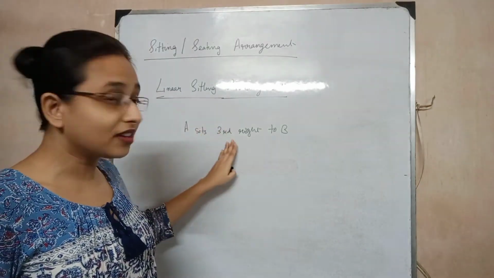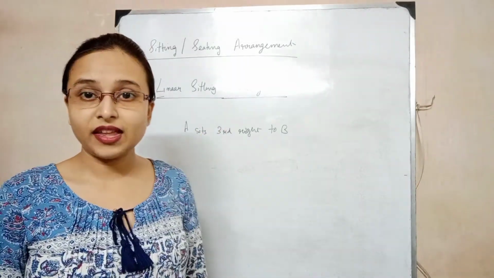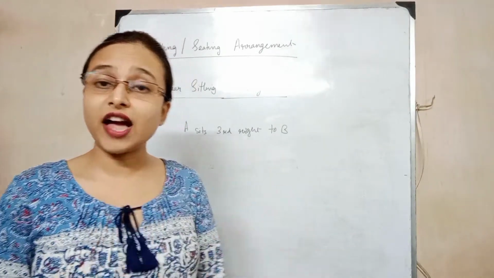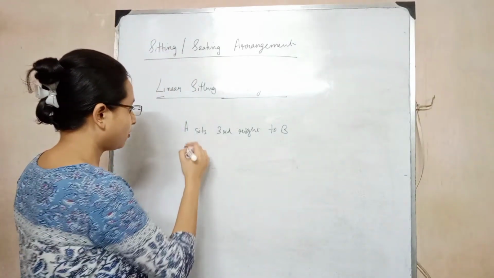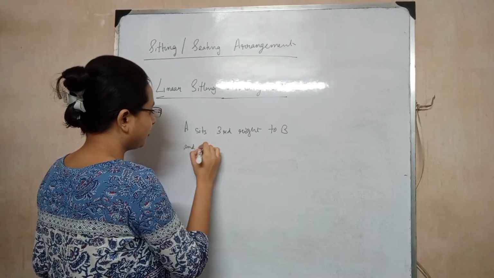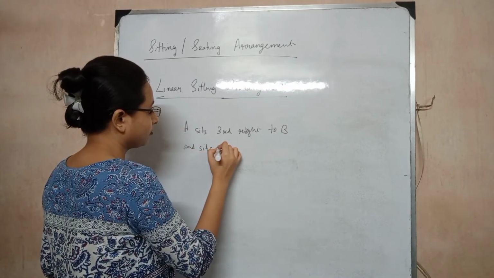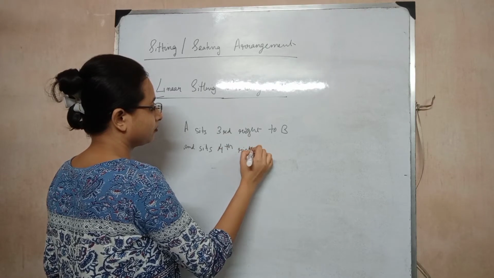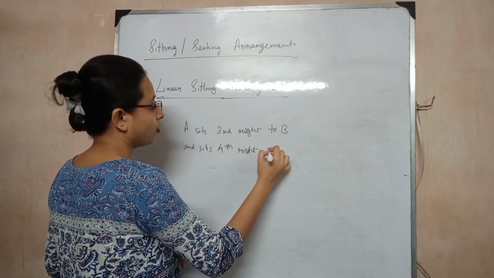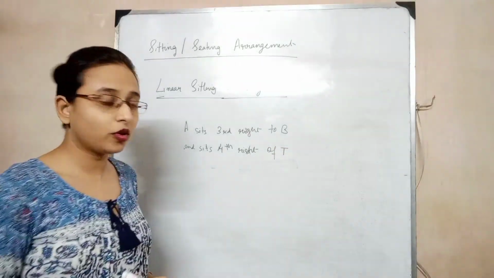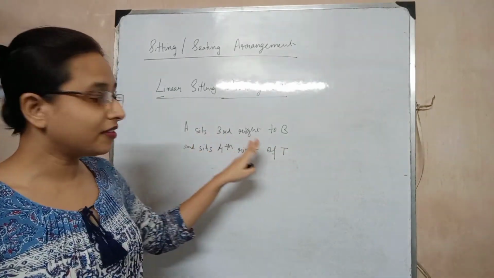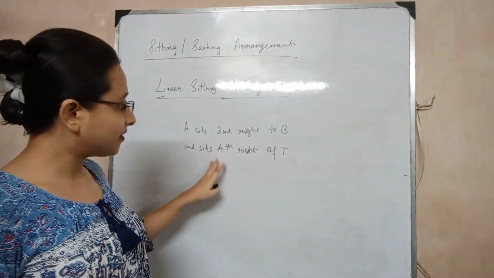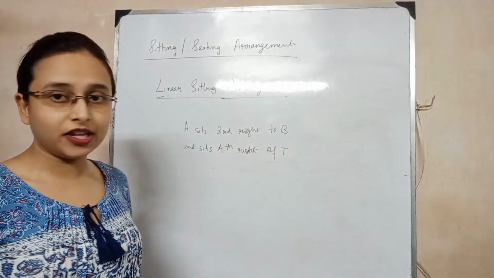A sits third right to B and sits fourth right of T. Okay. A sits third right to B and sits fourth right of T.